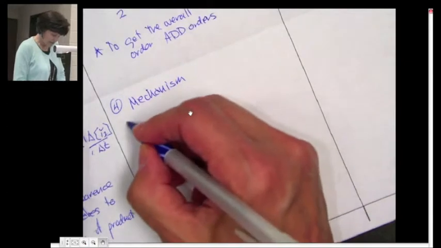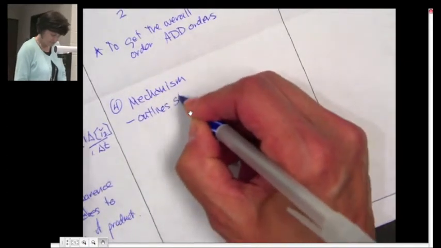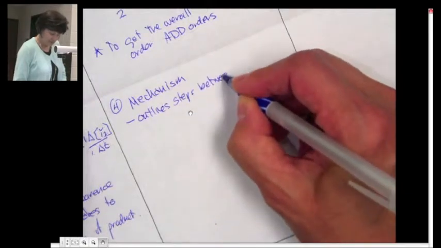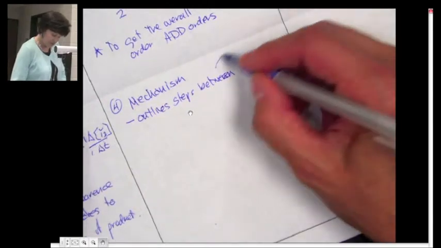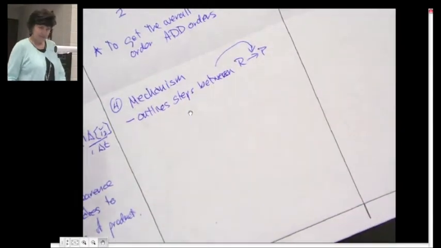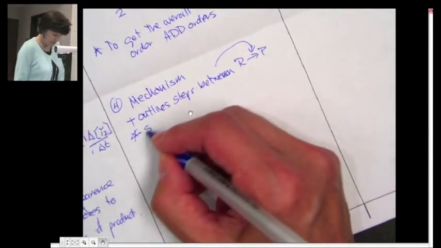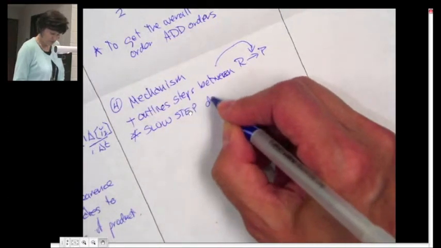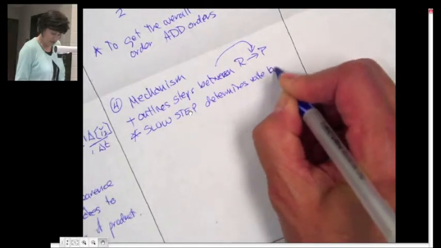So a mechanism outlines what happens between the reactants and the products. So it talks about what's happening here at the yield sign. And remember, with a mechanism, it's the slow step that determines the rate law. Okay, it's the slow step that determines the rate law.